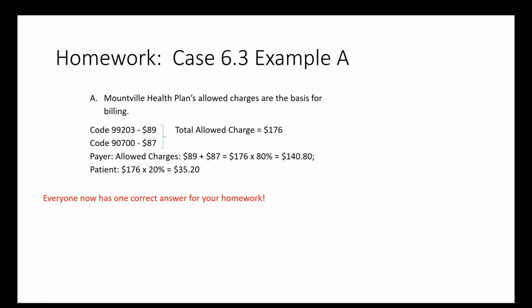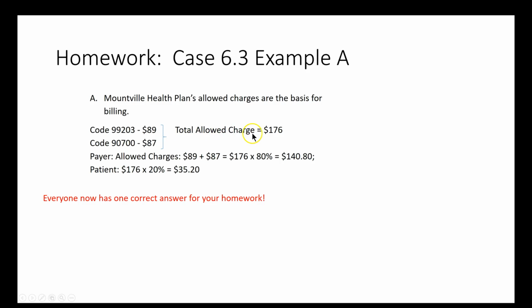Now for homework, you have case 6.3, example A. Montville health plan's allowed charges are the basis for the billing. So for code 99203, it would be $89. For code 90700, it would be $87.